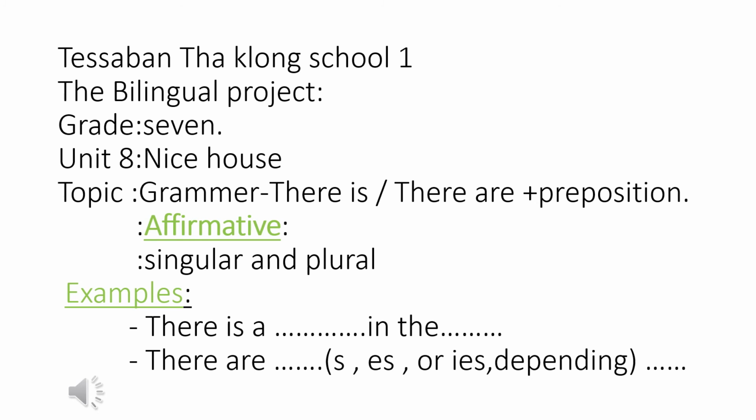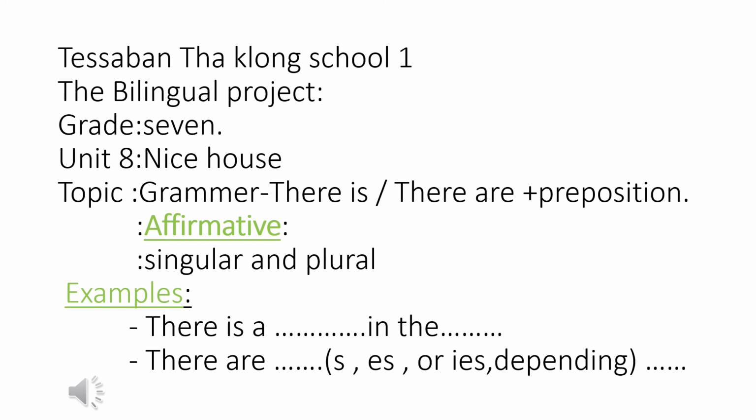We learned prepositions such as on, in, next to, in front of, by, behind, and so many more. So we are looking at the affirmative part of it, and we are using there is and there are.